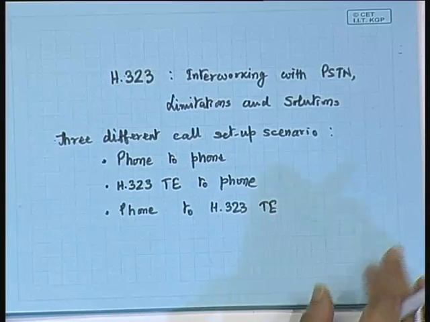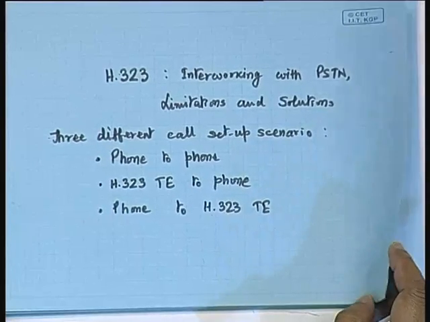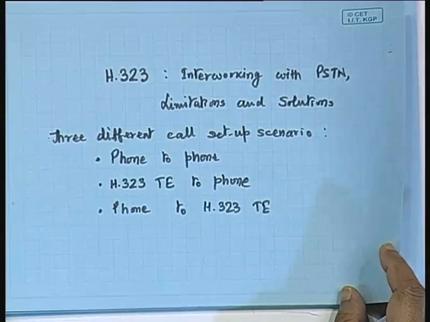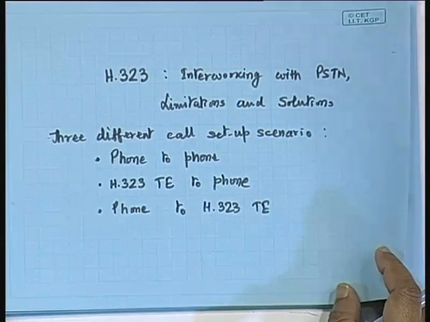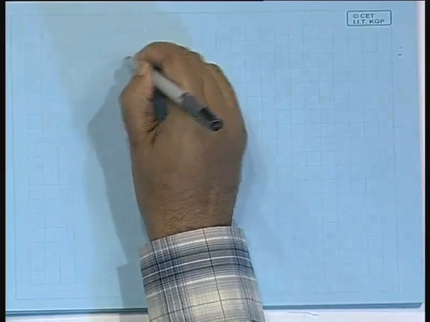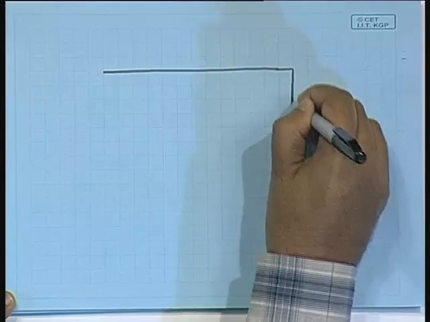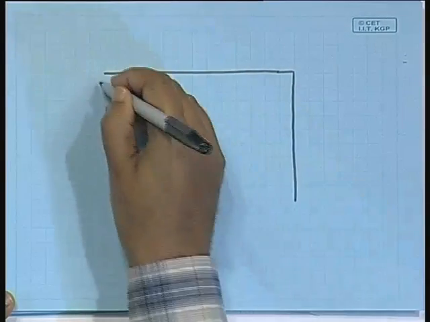Now, typically when one has to take care of this PSTN interfacing, a gateway has to provide several functionalities. So, let us see what the essential ingredients are that one is going to have in the gateway.